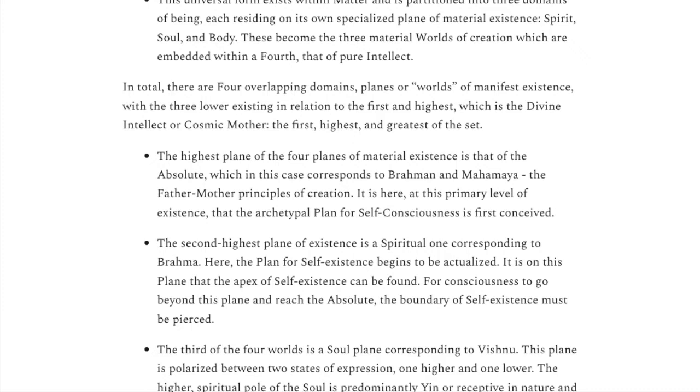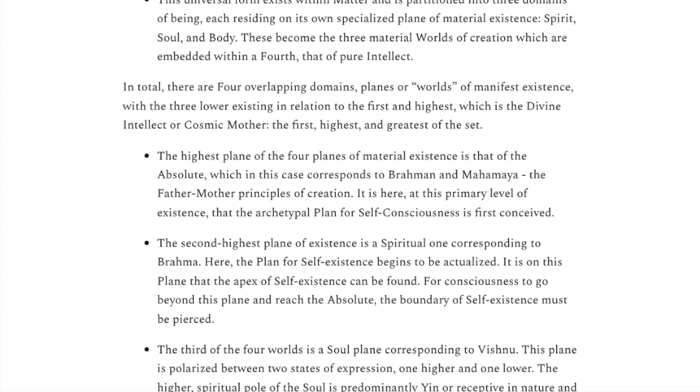So the second highest plane of these four worlds is that of the spirit, and that corresponds to Brahma. So here with Brahma, the plan for self-existence is first actualized, or begins to be actualized. It is on this plane that the apex of self-existence can be found. For consciousness to go beyond this plane and reach the absolute, the boundary of self-existence must be pierced.